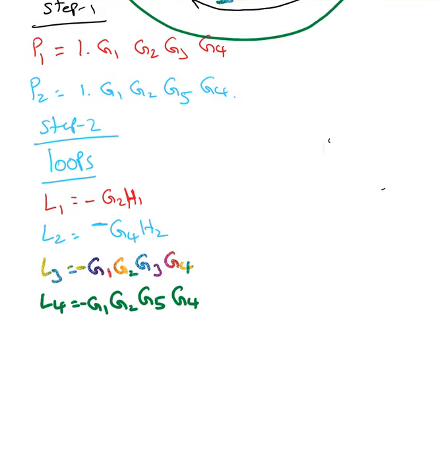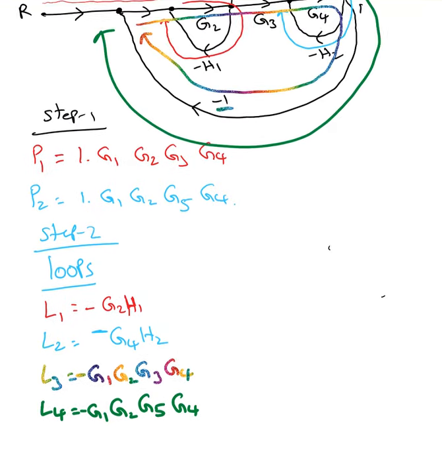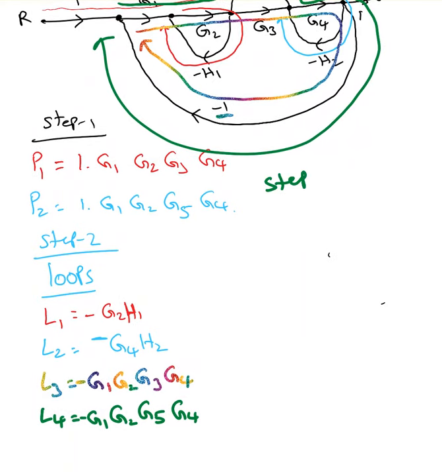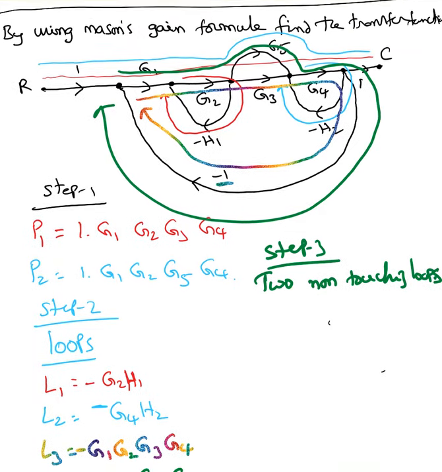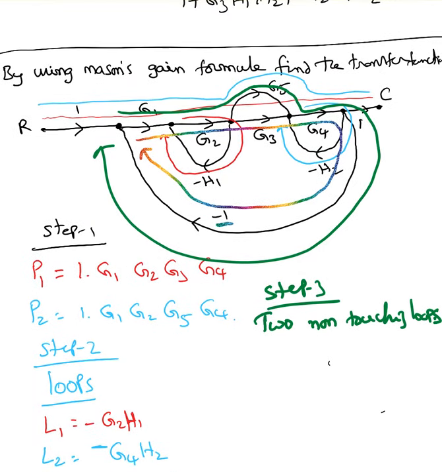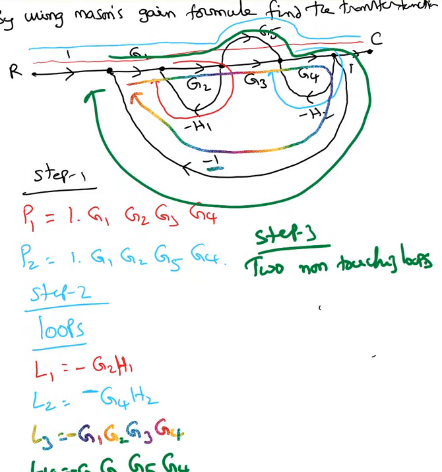Now step 3, two non-touching loops. Are there any loops which are not at all touching each other? They shouldn't touch at a node, and they shouldn't touch the same path. If you look at loop 1 and loop 2, loop 1 is right here, loop 2 is right here. They are not touching each other, either at a path or at a node.